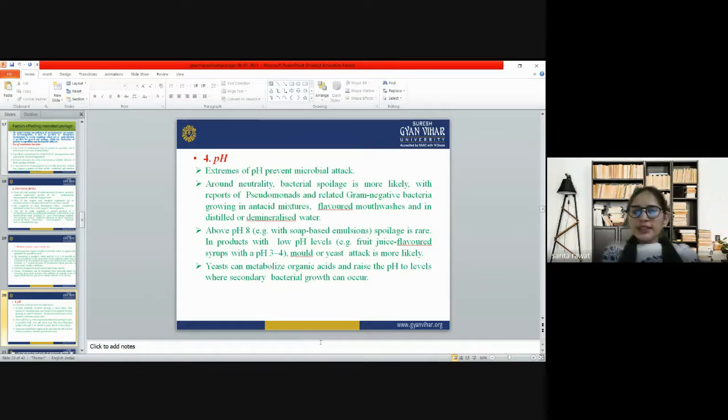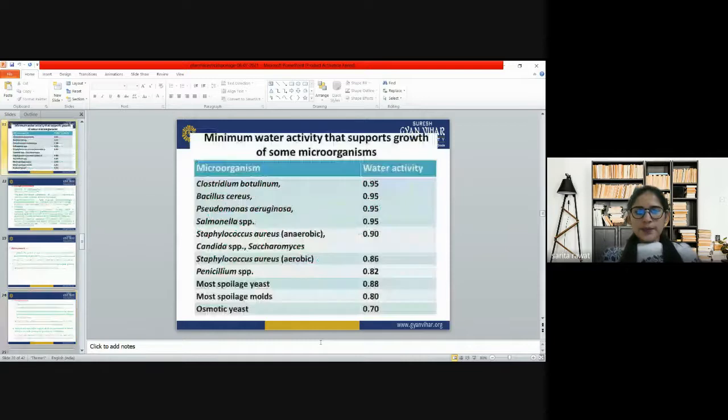At high pH, for example pH 8, spoilage of soap-based emulsions is rare. In products which are stable at low pH, for example fruit juice and flavored syrup with a pH of 3 to 4, mold or yeast attack is more likely. Yeast can metabolize organic acids and raise the pH to a level where secondary bacterial growth can occur.